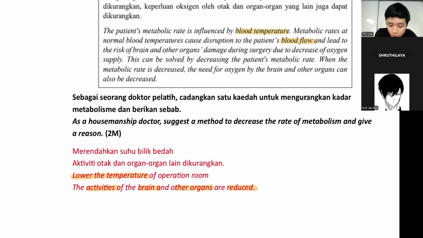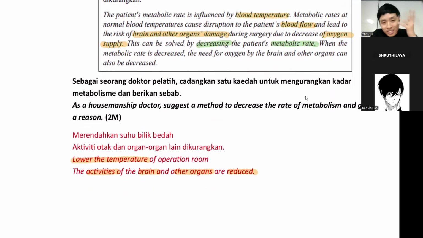It will cause the risk of brain and other organ damage because of not enough oxygen supply. So they say this problem can be solved by decreasing metabolism. Just now you said 新陈代谢, okay, I understand. So running and jogging increase it, and lowering the temperature decreases it.